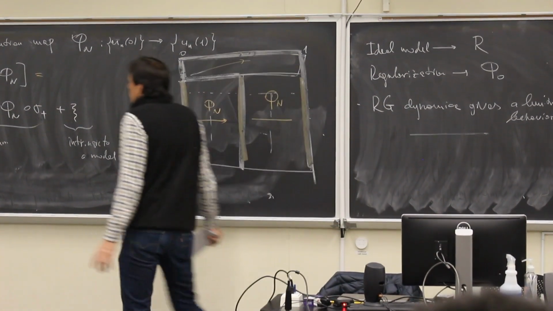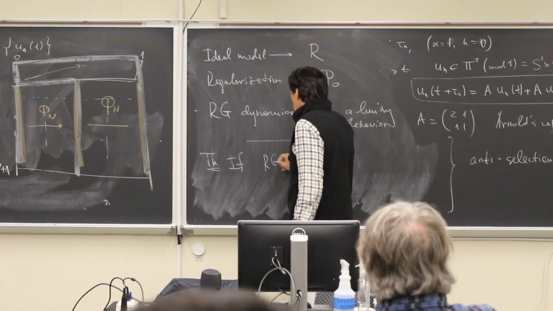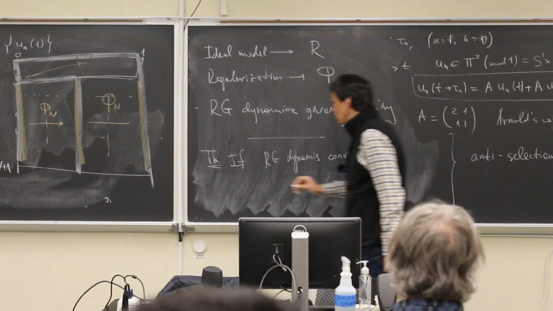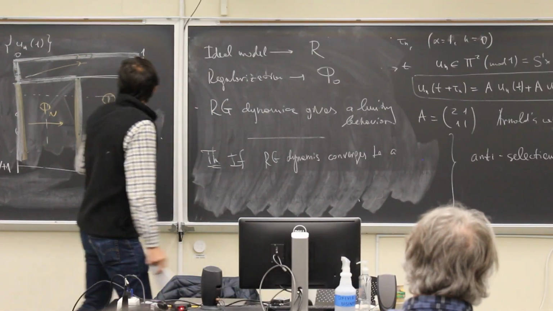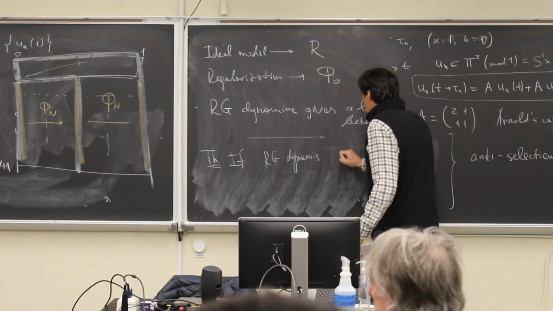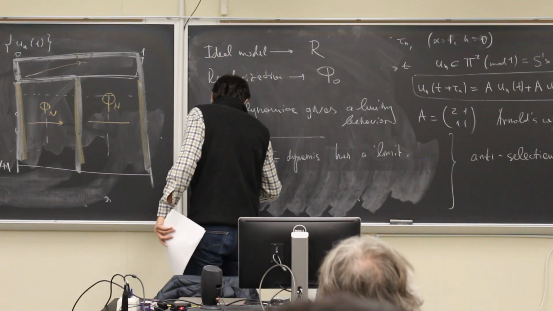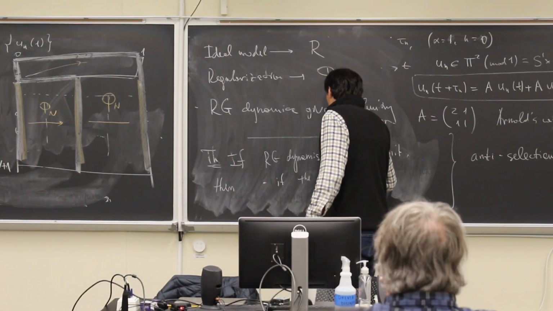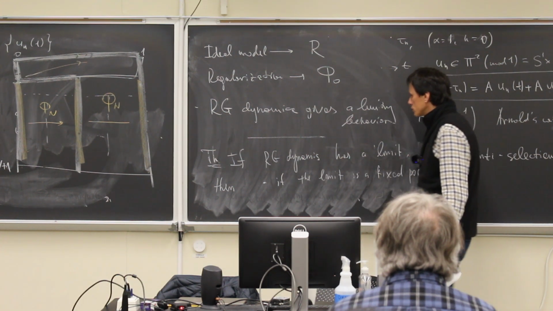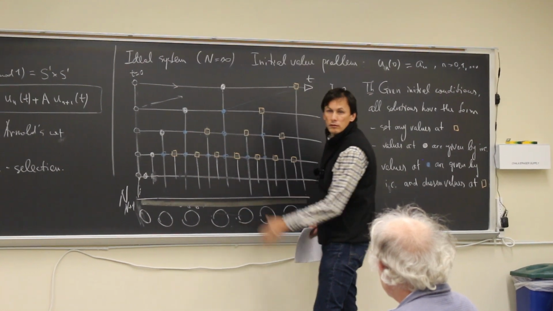If the RG dynamics converges, so if it has a limit, then if the limit is a fixed point, that means that we select just a single solution, whatever regularization you have.